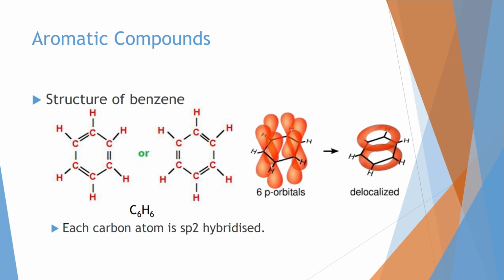Please see the slide here. You will find that in the structure of benzene, there are 6 carbon atoms present at each corner of this hexagon, and they are joined to hydrogen atoms.